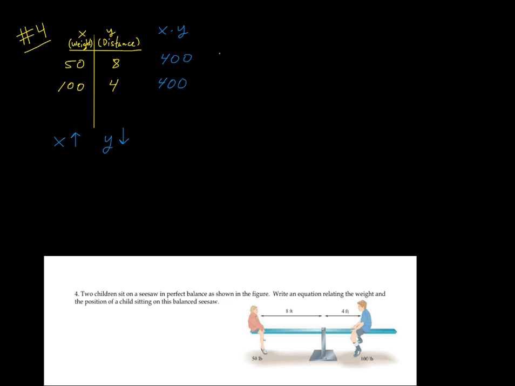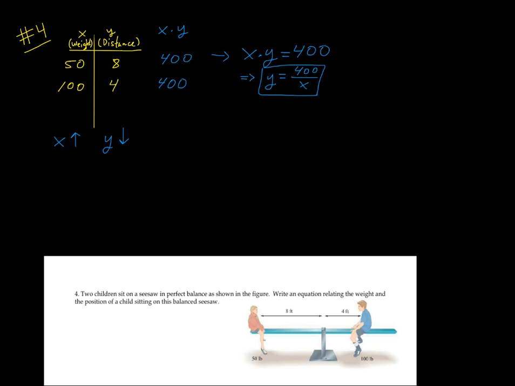So this is telling us that more generally, if I take the weight times the distance, I'm going to get this constant value of 400, which I can then write as y is 400 divided by x. Alright, so that gives us an equation relating the distance and the weight.